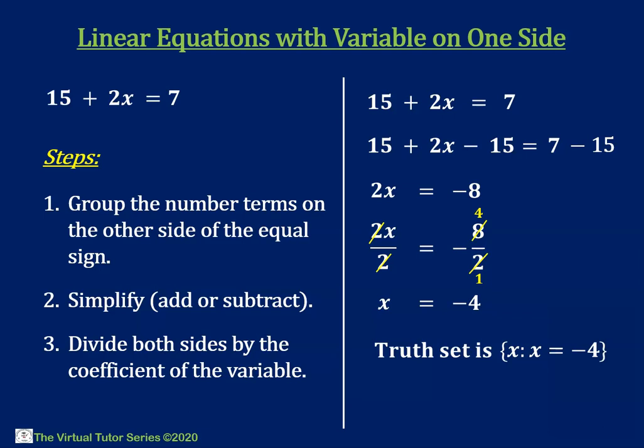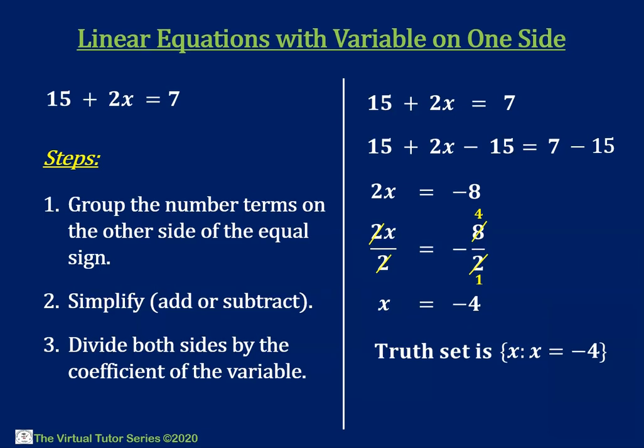This is read as the set that contains the element x, such that x is -4. In other words, the set that contains the element x, for which the equality x is equal to -4 is true.